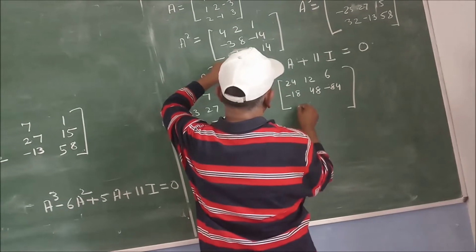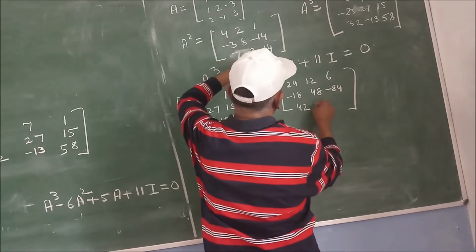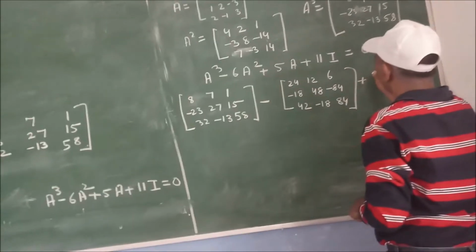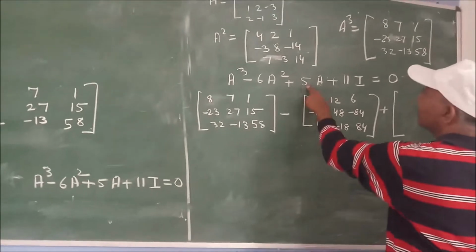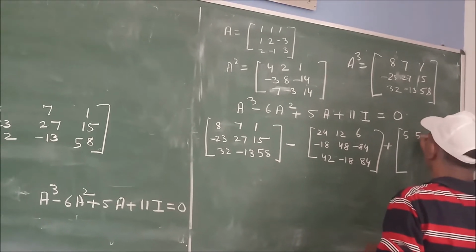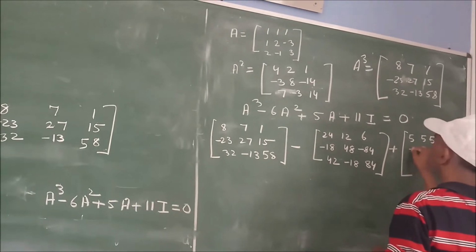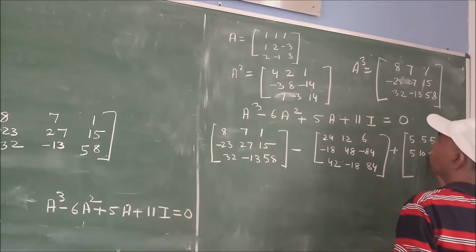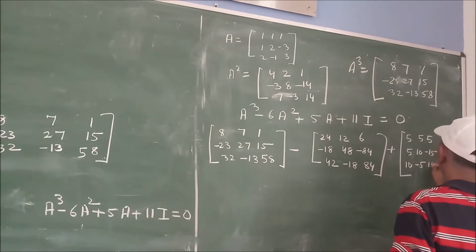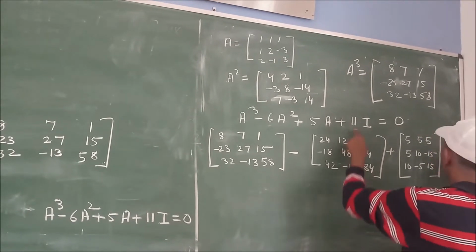So this will be your 42 minus 18, 84 plus 5A. So multiply 5 to A. A is here given, so you may write 5, 10 minus 15, 10 minus 5, plus 15, plus 11 iota.